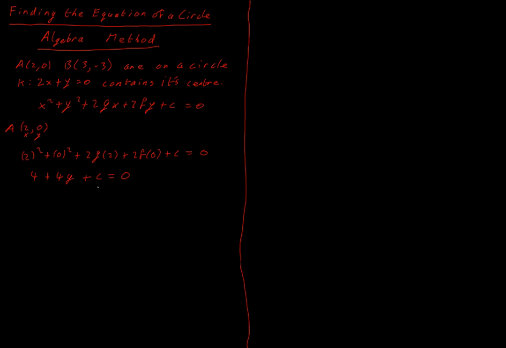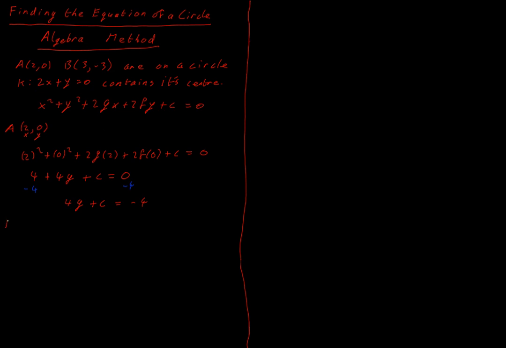And to turn this into the form that we usually have our simultaneous equations in, I'm going to subtract 4 from both sides so that I end up with 4g plus c is equal to minus 4. That's just to turn it into the form where we have letters on one side and numbers on the other that we'd often use with simultaneous equations.